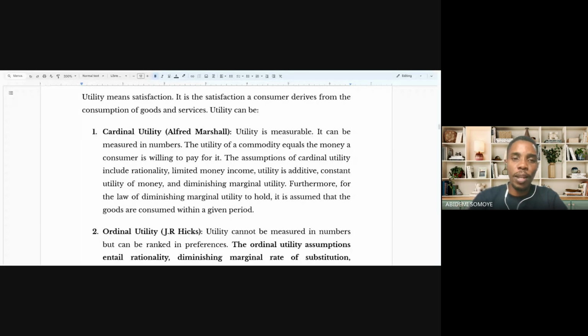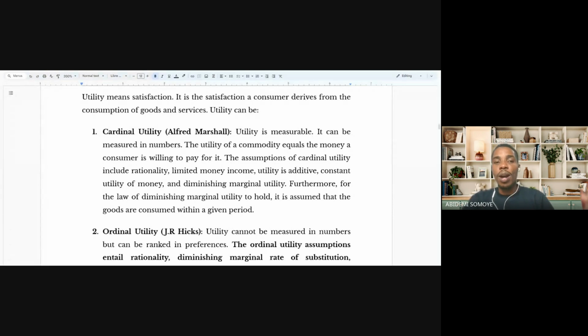Spend all or spend less. You can't spend more than what you don't have. Utility is additive. Utility is additive simply means we can easily add utility up, because we can measure it based on the amount of money you're willing to part with, then that can easily be added up.